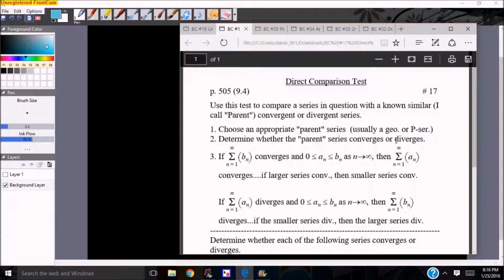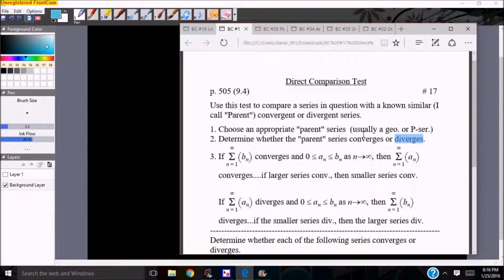And then if it's going to diverge, then we want it to be smaller than the series we're looking at. That way we can say, since this thing is going to go to infinity and it's smaller than the one we're comparing it to, then we know that the one we're comparing it to will also go to infinity.